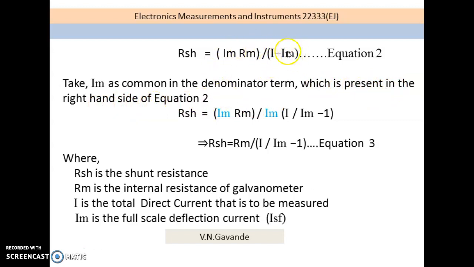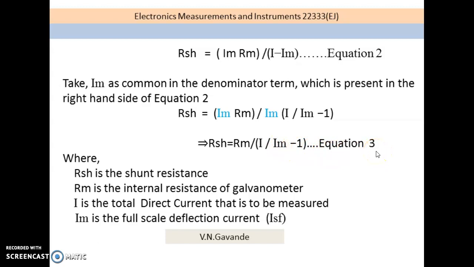So RSH equals IM RM divided by IM times (I upon IM minus 1). IM cancels, so RSH equals RM divided by (I divided by IM minus 1).